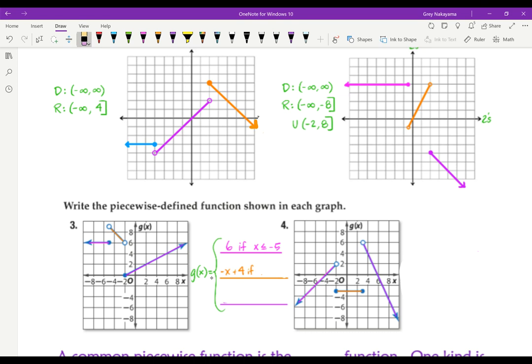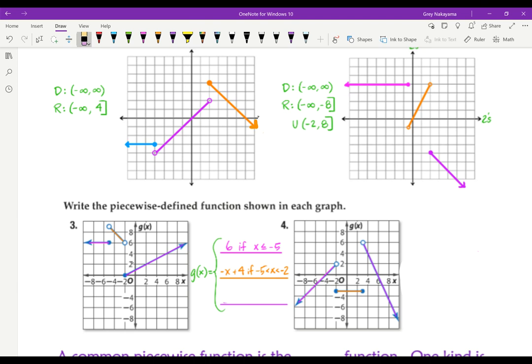So I'm going to have negative x plus, and that y-intercept was 4, -1x, that was my slope, plus 4. And if x is between what two? They're both open, so I'm not going to have an equal sign, but that number is -5, and this number is -2. So it's going to be when x is between -5 and -2.